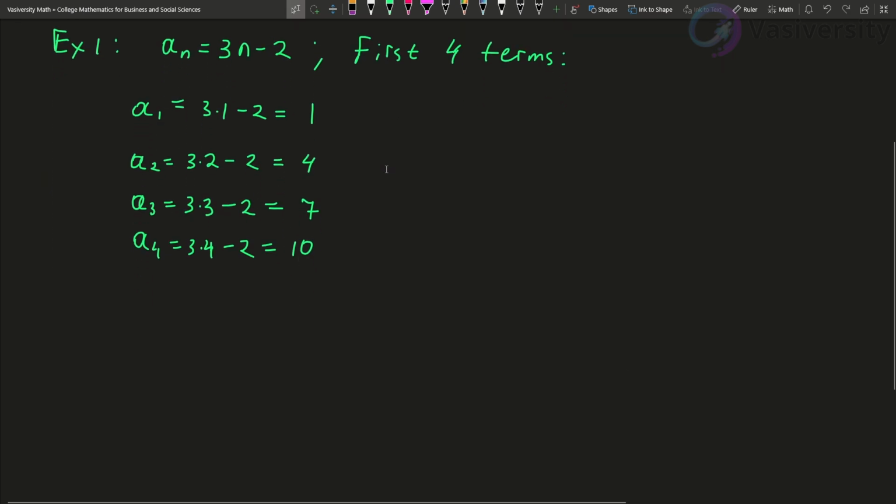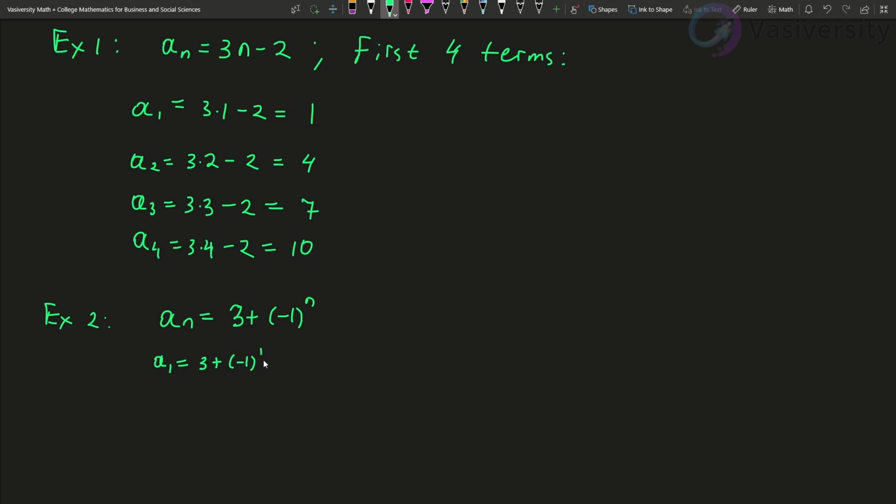How about if we do the same thing, but for a sub n equal to 3 plus negative 1 to the power of n? How will we solve this? Well, a sub 1 is 3 plus negative 1 to the power of 1, so that would be 3 plus negative 1, which is 3 minus 1, which is equal to 2. How about a sub 2?